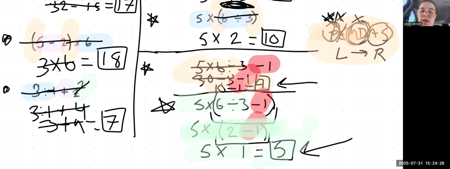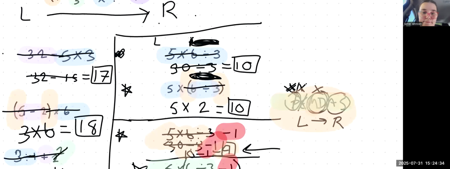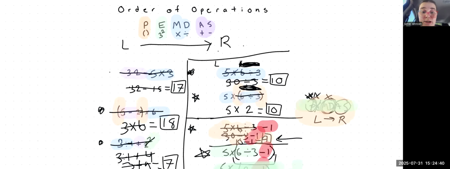Now you'll see on this top one, right? We did the same thing. We worked through PEMDAS. I apologize if that's tough to read, but we worked through PEMDAS, right? PEMDAS, parentheses, exponents, multiplication, division, addition, subtraction.